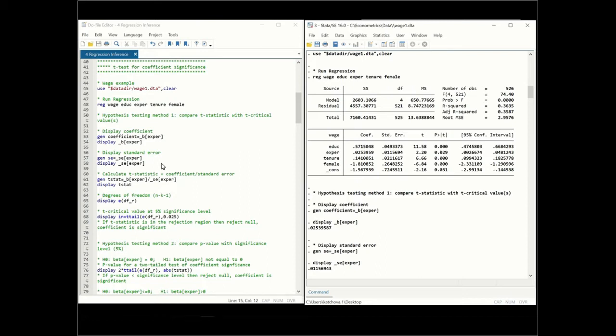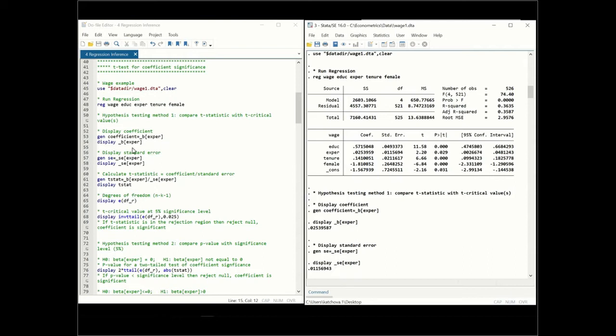Okay, so as I said, first of all, we would be looking at the coefficient. They're actually stored in the system as _b, and then in parentheses the variable name for which the coefficient applies.